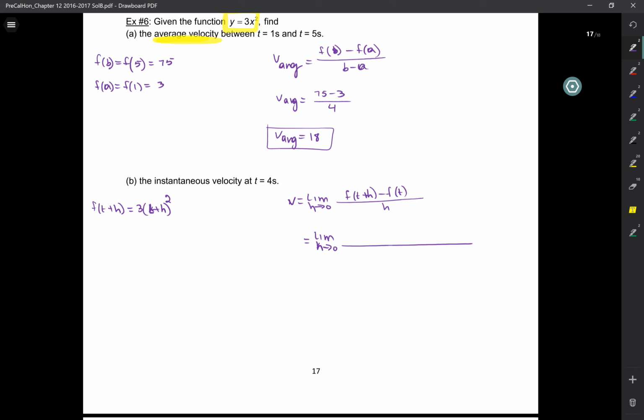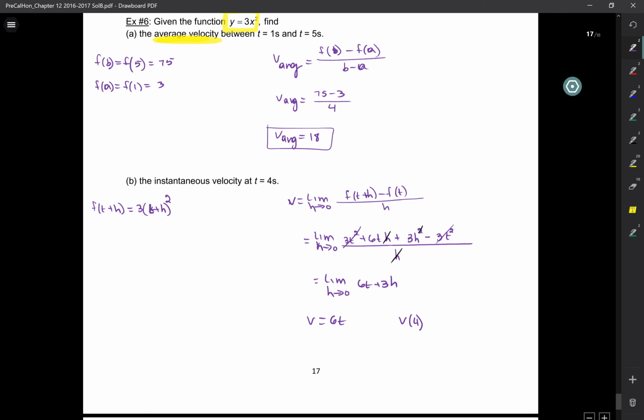So we're going to get t squared plus 2ht plus h squared times 3. So 3t squared plus 6ht plus 3h squared minus 3t squared over h. The 3t squared will go away. I changed it to t instead of x. So this is 6t plus 3h. So v is 6t. And v of 4 is 24. That's all.